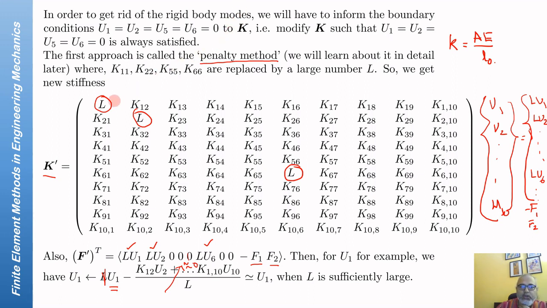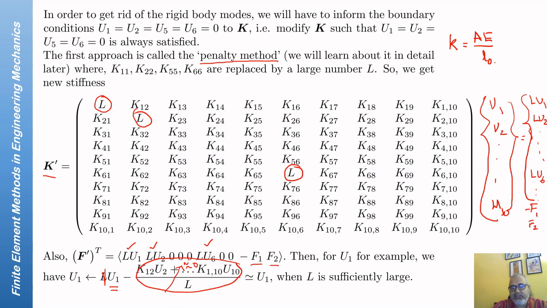If you make L too small, then this expression that we have written, this hope that we have, is not really fulfilled. If L is too large, then we risk making this whole system ill-conditioned, and we will see later why that happens.